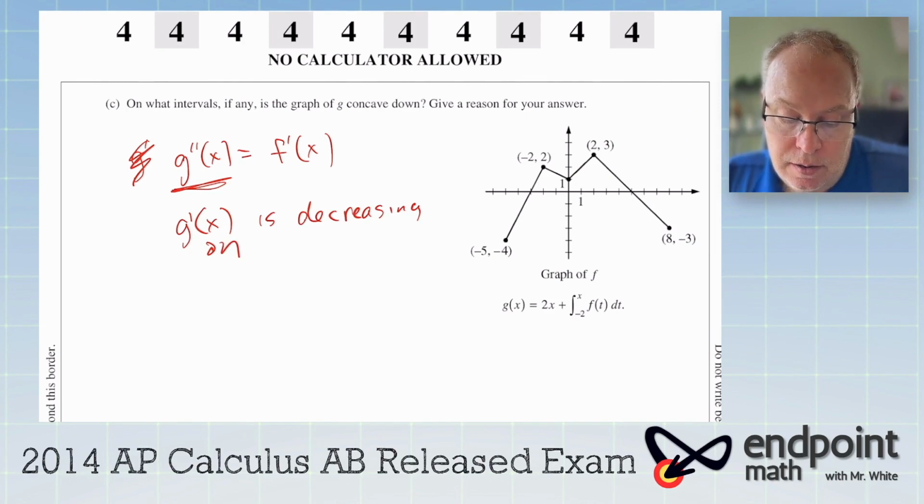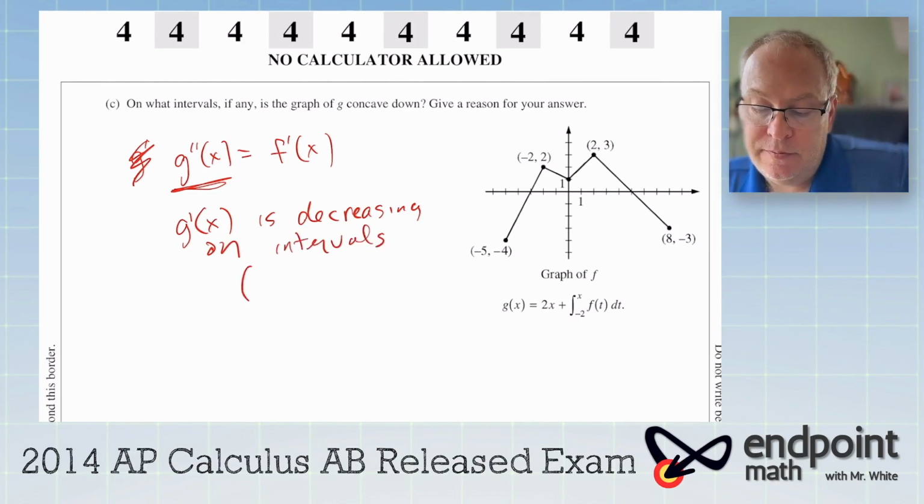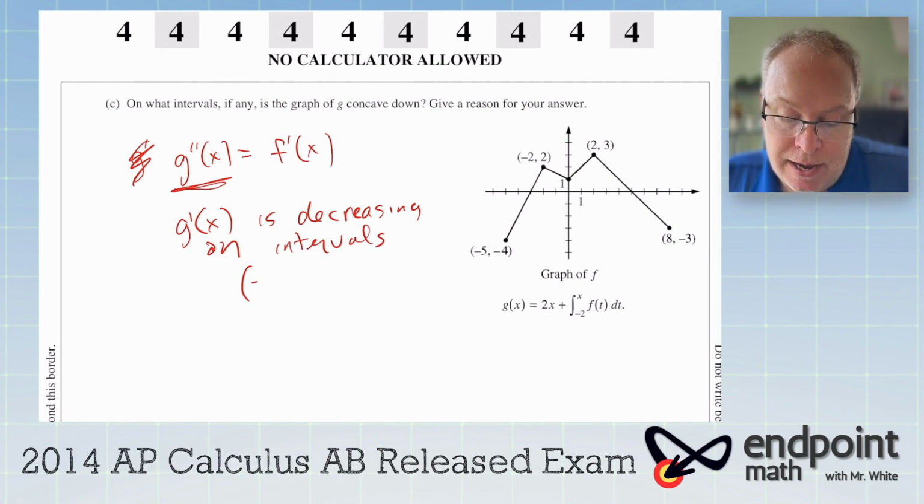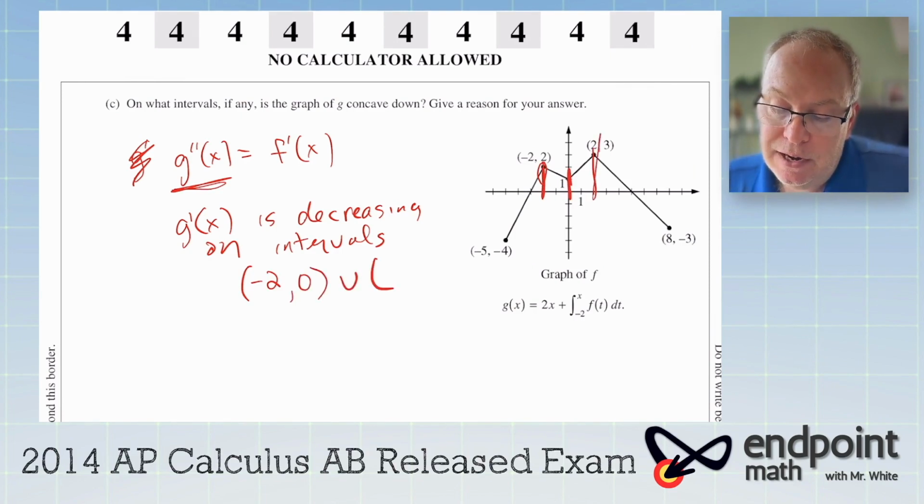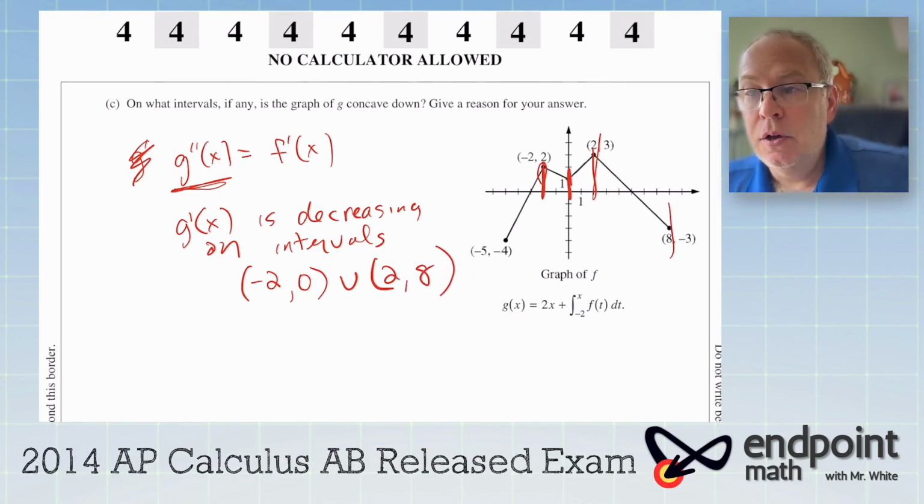So when is the second derivative negative, or the first derivative, meaning this, is decreasing on intervals. Now these are going to be x values from x equals negative 2, that's right here, from here to here, union, and then from here, which is 2, all the way to 8.